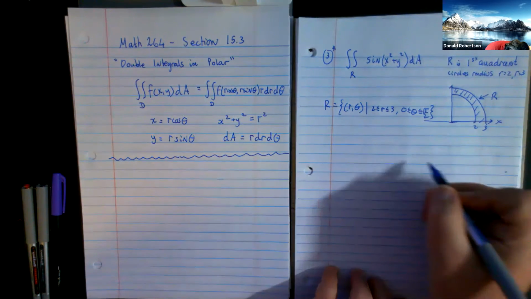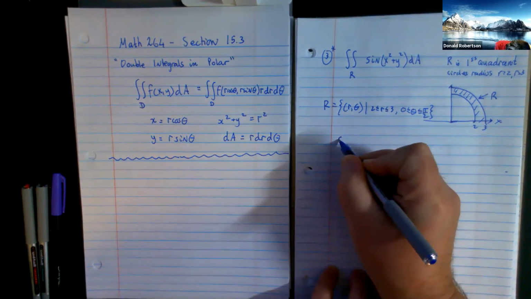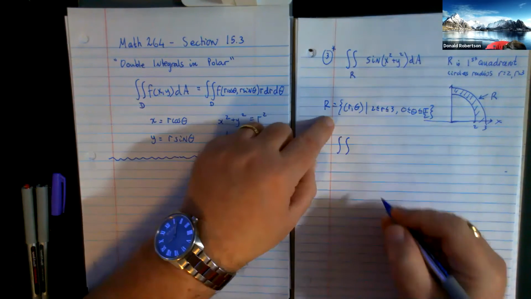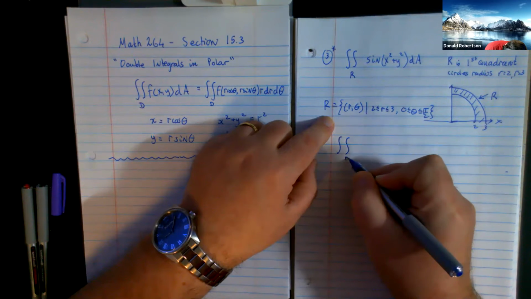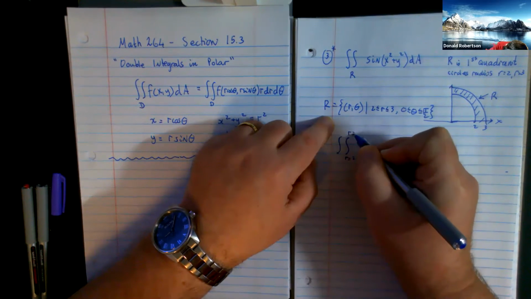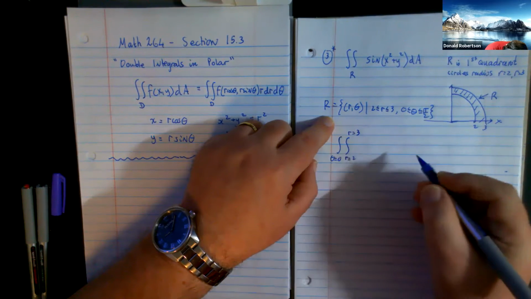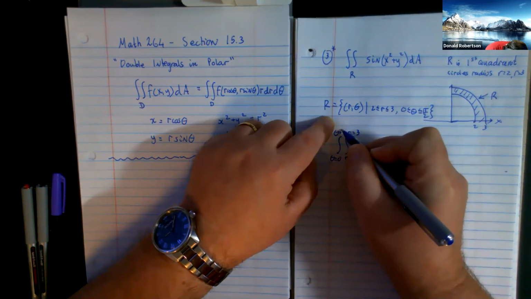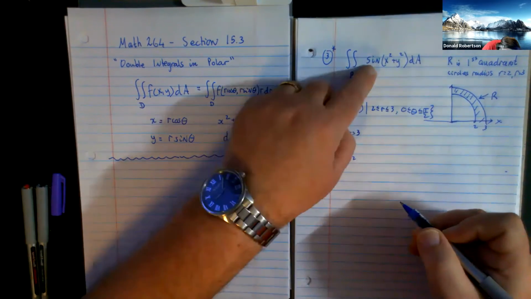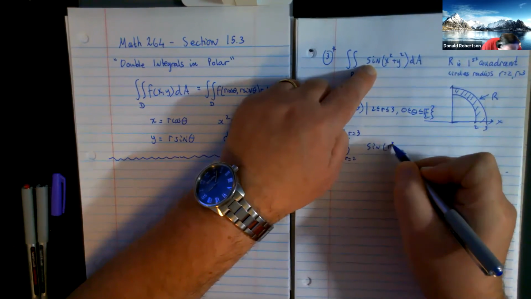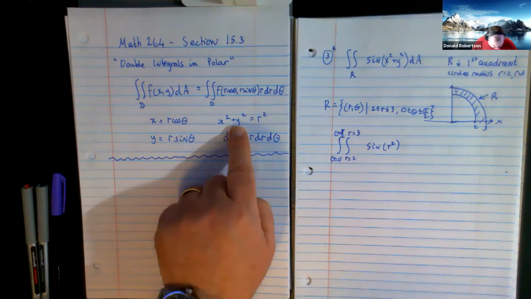So what we're now going to do is start putting this thing together. r equals 2 to r equals 3. Theta equals 0 to theta equals pi upon 2. The sine of x squared plus y squared becomes the sine of r squared because of this.